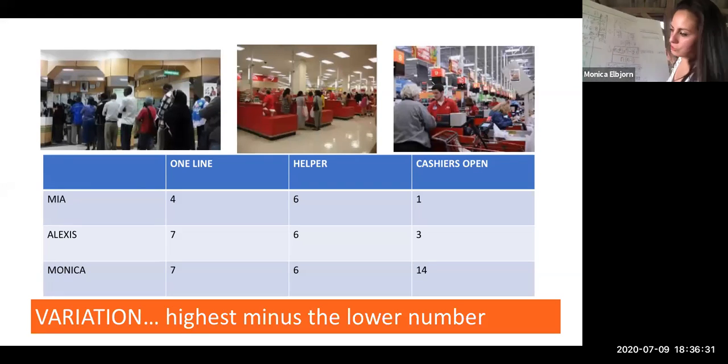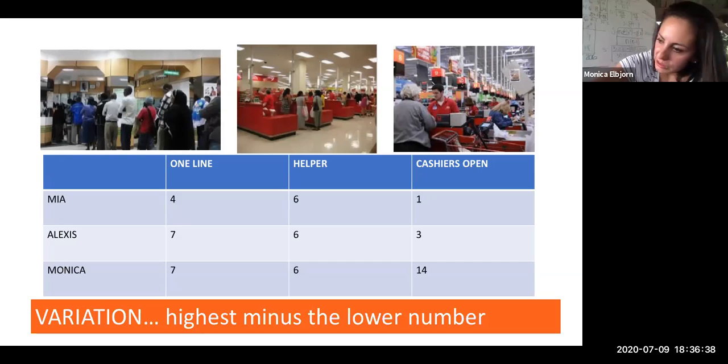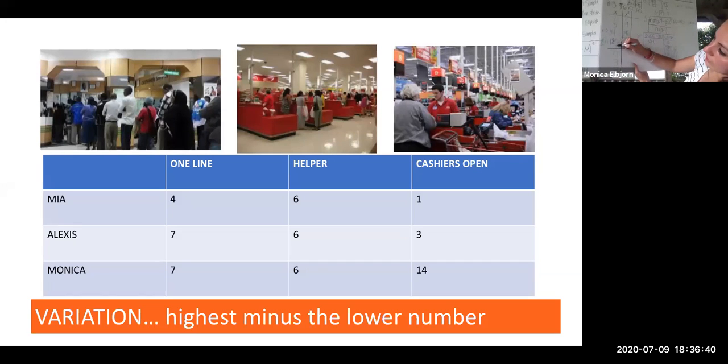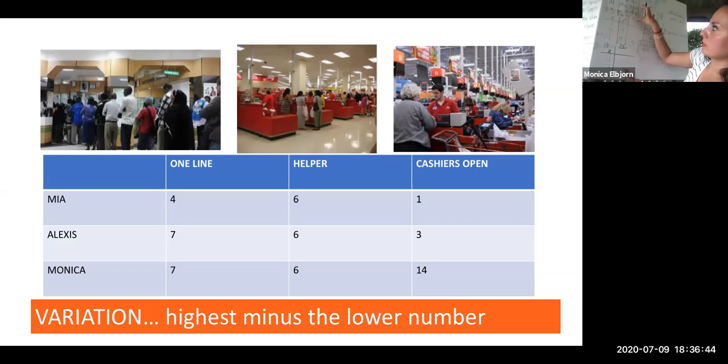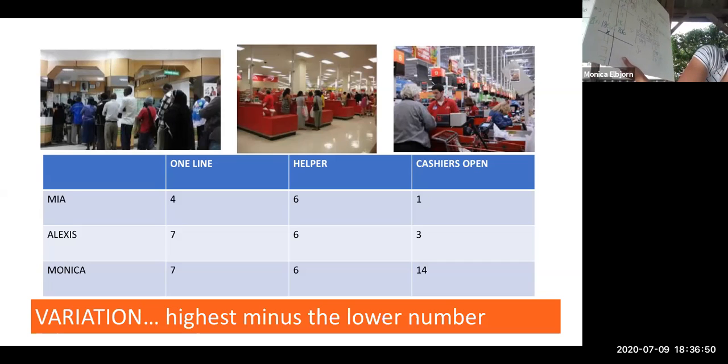But let's do this one, the one that waited one line. We got 4, 7, and 7 as our x's, and then we'll do the standard deviation. So which formula do you guys want to use? Do you want to use this one or this one?